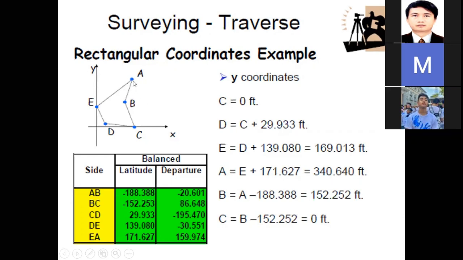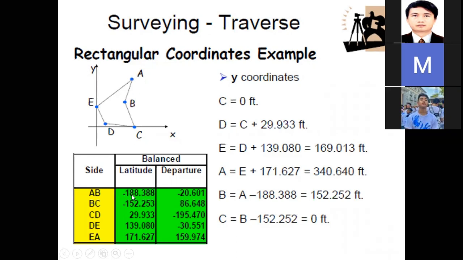The next point is B. This time we need to subtract the latitude value of AB. We can see from the sign whether it goes up or down, based on this table.